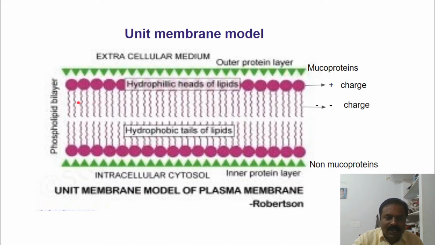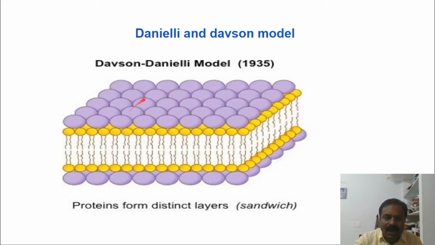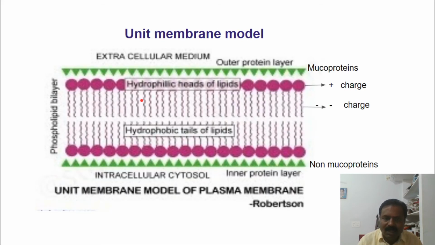It is the center bimolecular lipid zone, and on either side proteins are there. Here the proteins are fibrillar, whereas in the earlier model they are globular. They are arranged like this, and the external protein layer is mucoproteins and the internal protein layer is non-mucoproteins.